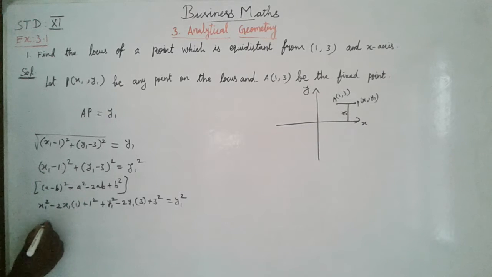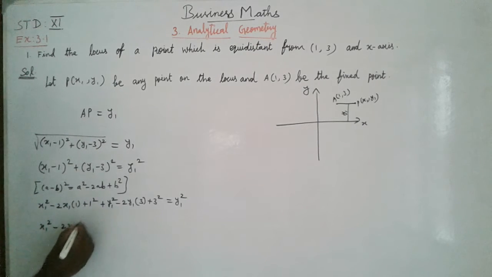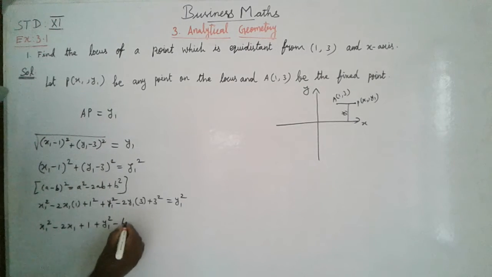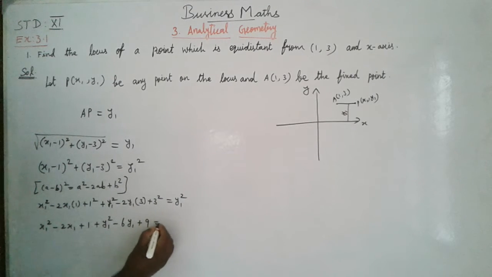So x1 square minus 2x1 plus 1 square is 1, plus y1 square minus 2 3s are 6, 6y1 plus 3 square is 9, equal to y1 square.